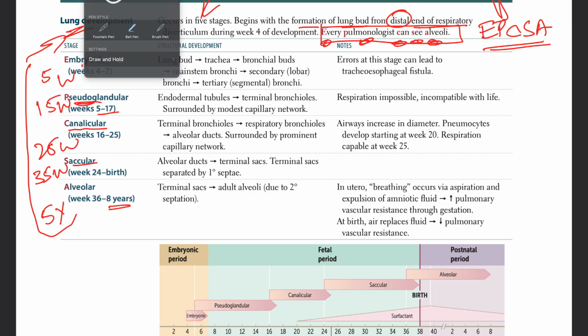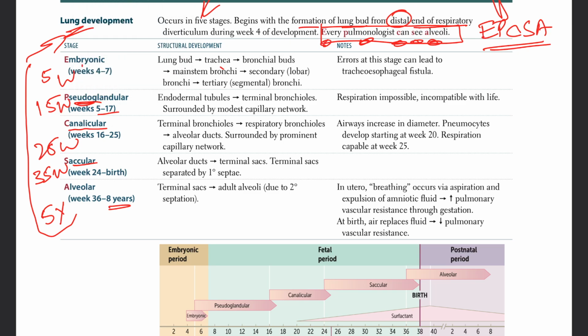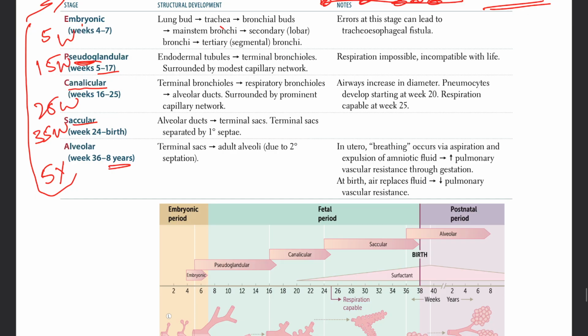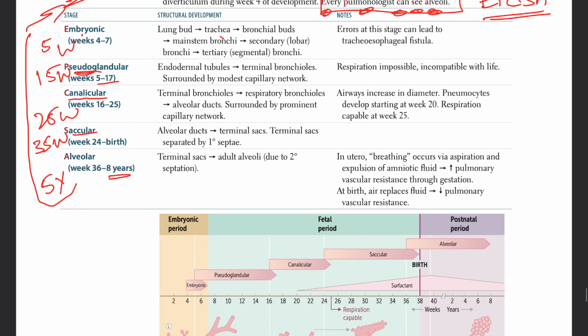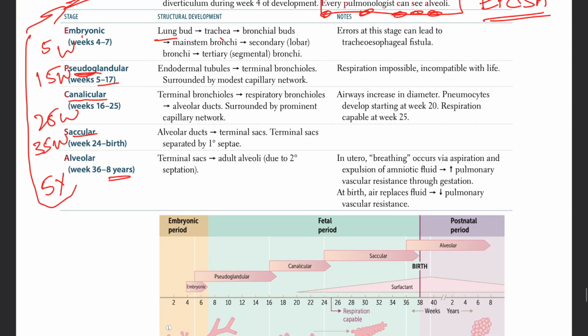Now let's look at what each one of them is making quickly. The first one we have is embryonic. The lung bud forms the trachea, the bronchial buds, the main stem bronchi, which lead to secondary lobar bronchi and tertiary segmental bronchi.